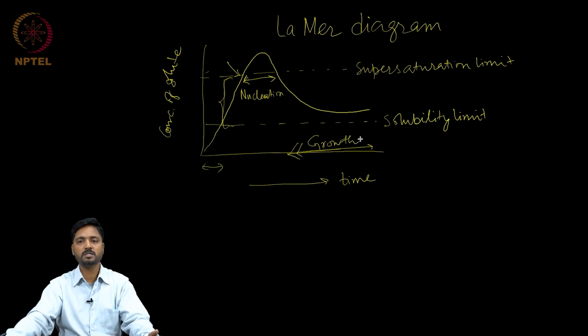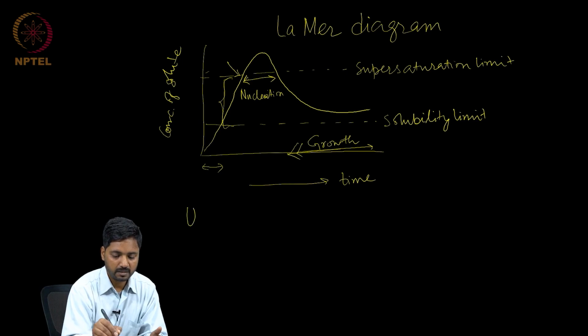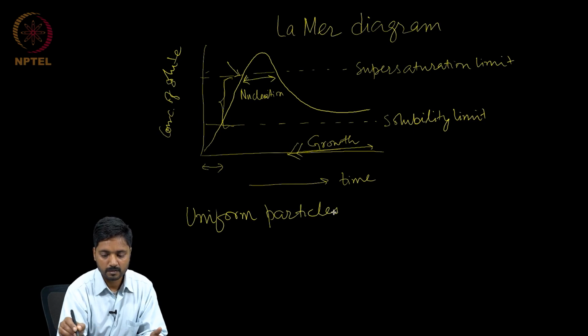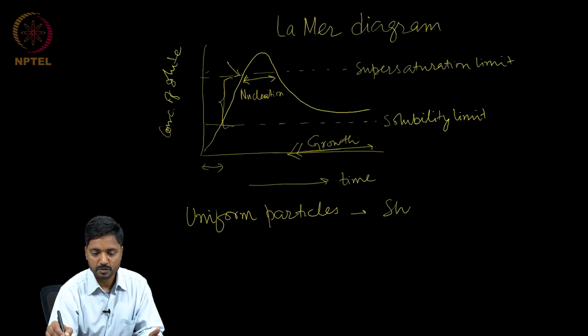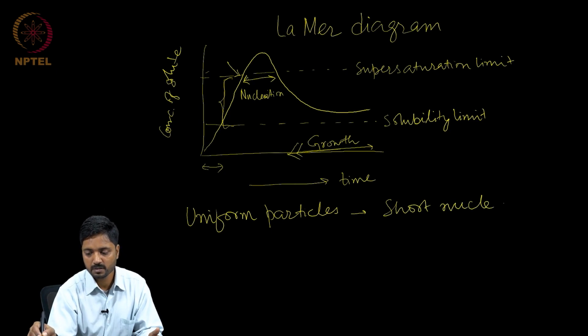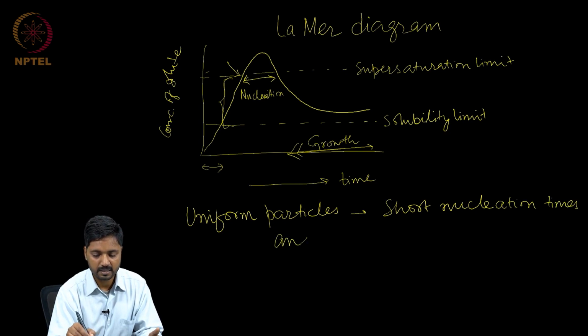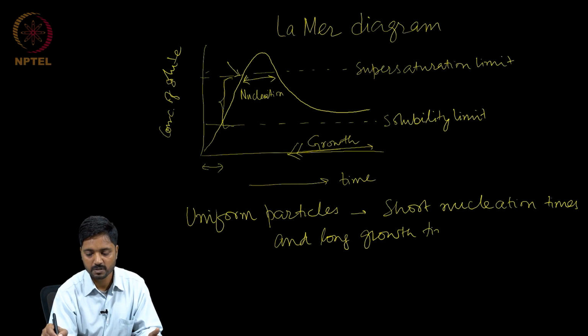This concept is utilized quite extensively both in nanotechnology as well as in gravimetry, where we want to create uniform particles, and to create uniform particles we need short nucleation times and long growth times.